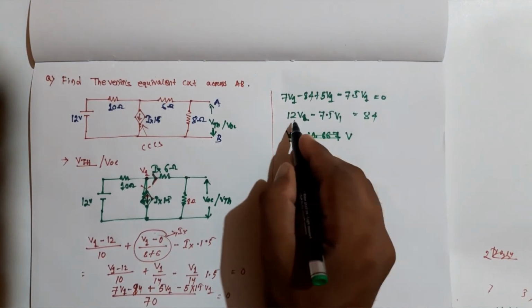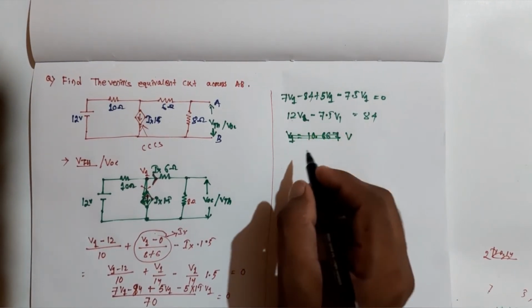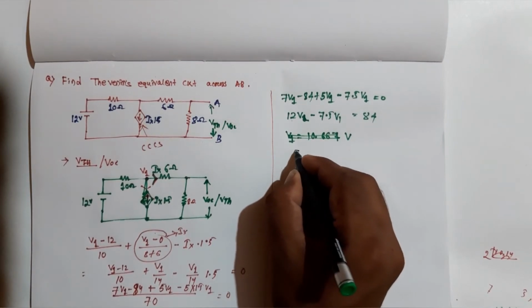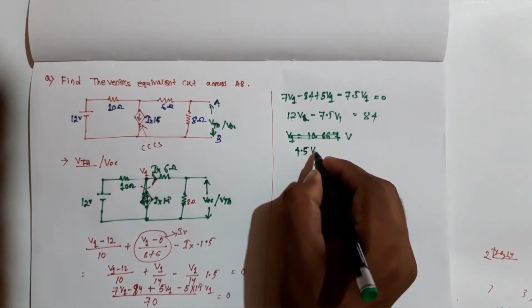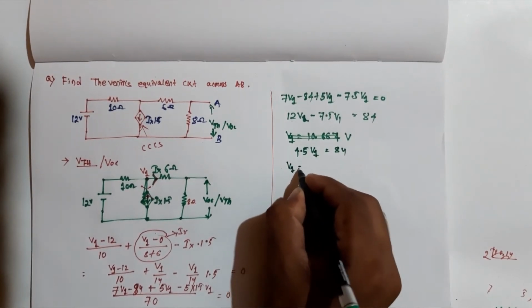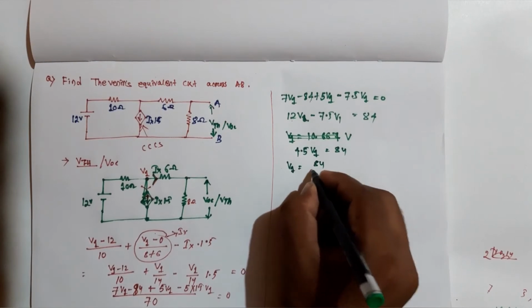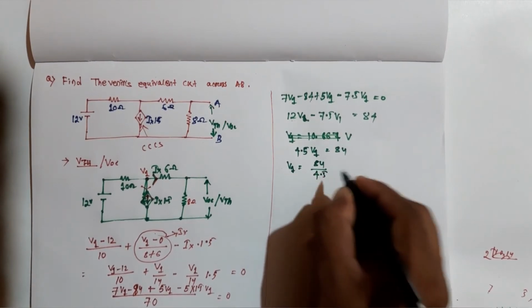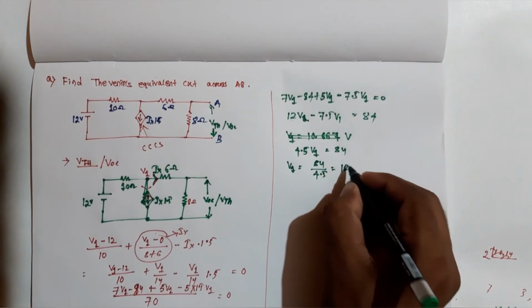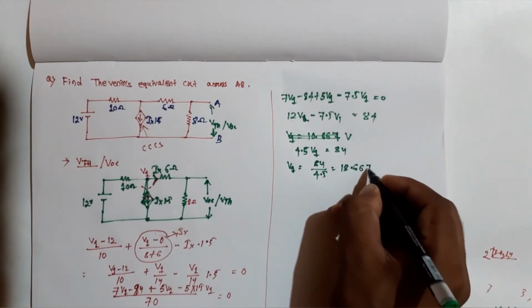This is 12 V1 minus 7.5 V1, so this is 4.5 V1, which is equal to 84, so V1 equals 84 divided by 4.5, which is 18.667 volt.